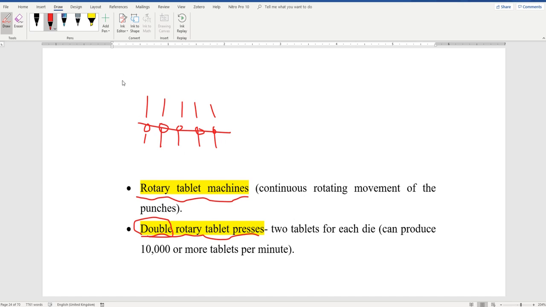For example, you have a hopper shoe here, and after the die cavity gets filled, compressed and ejected, you have another hopper before the dies and punches complete the full circle.